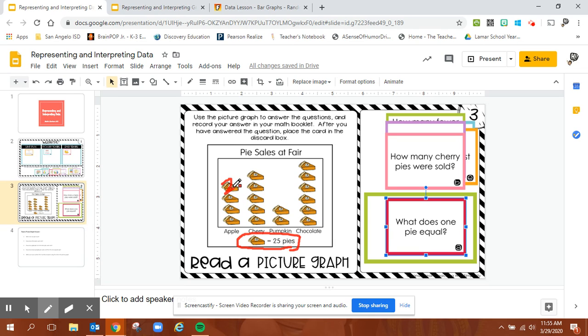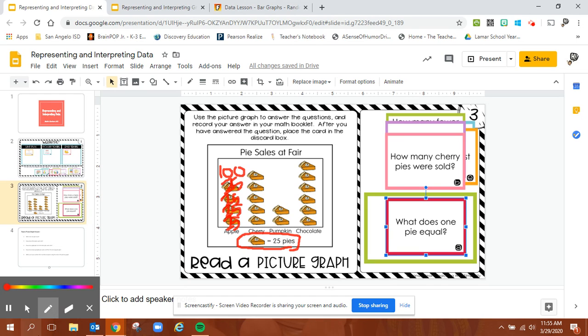So that's like saying this one's 25, this one's 25, this one's 25, this one's 25. So if I were to add all those up, think about your quarters. That's like saying 25, 50, 75, 100, okay? So that is 100 apple pies. So when we talk about what does 1 pie equal, my key already tells me the answer. My answer is 25 because each one of these little pies represents 25.